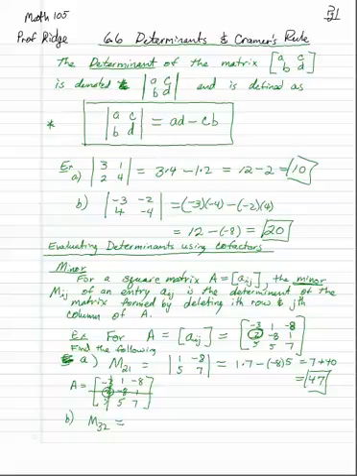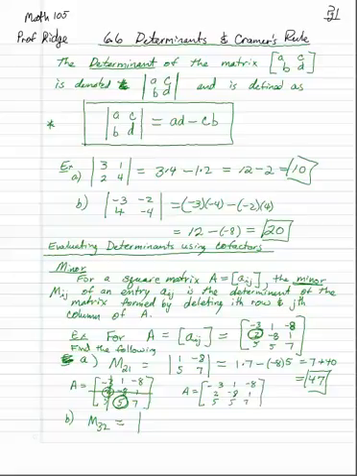Let's try to find the minor M sub 3,2. Again, I cross out the row and the column, and then write what's left over. A is negative 3, 2, 5, 1, negative 8, 5, negative 8, 1, 7.